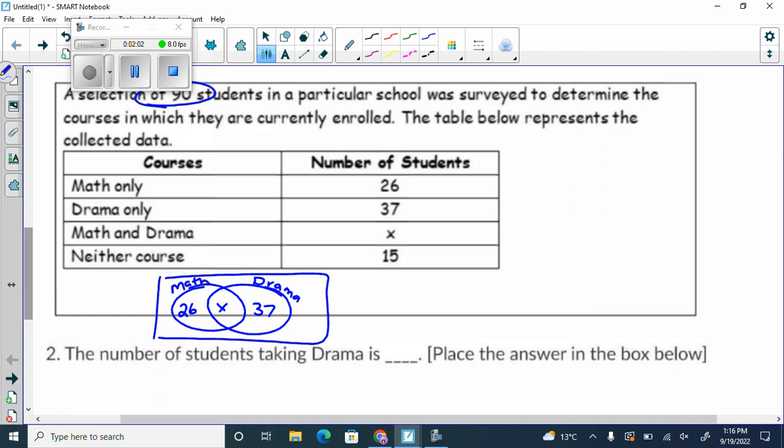Then neither course is 15, so if I add these all up, they should add up to 90. What does X have to be in order to add up to 90? 12. And then it says the number of students taking drama is 12 plus 37, which is 49.